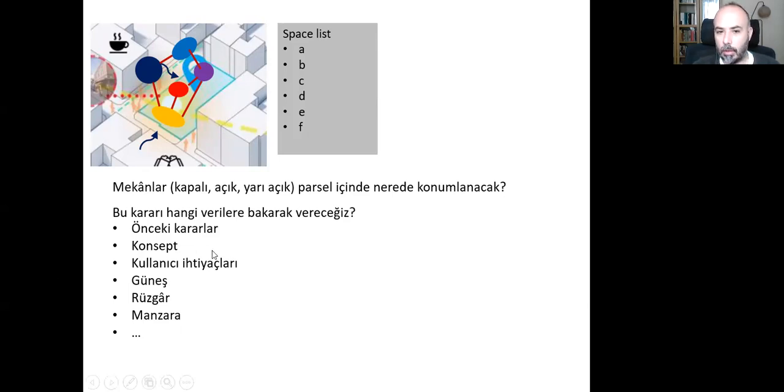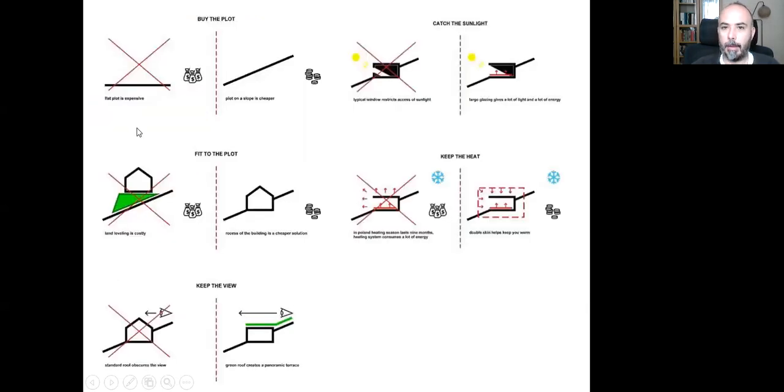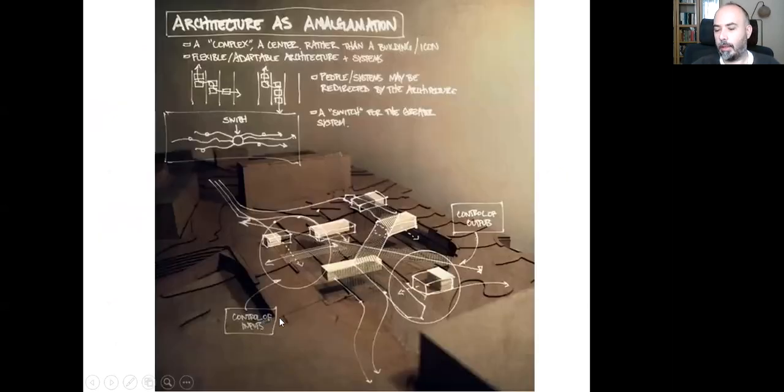And we can use our concept. We need to consider the requirements of our users, and we need to combine all these with the environmental properties. And again, we can make these graphical representations to think and to express our ideas.